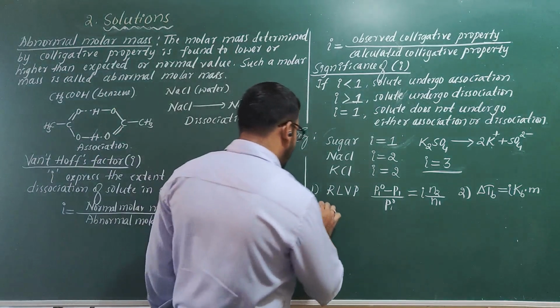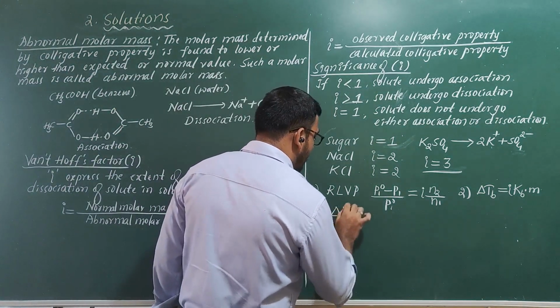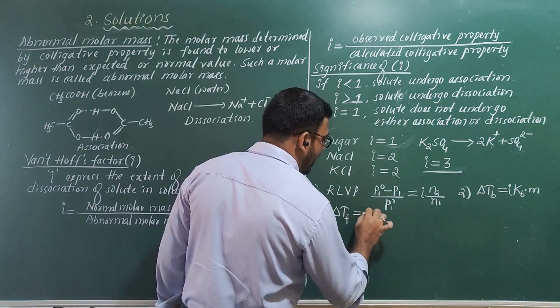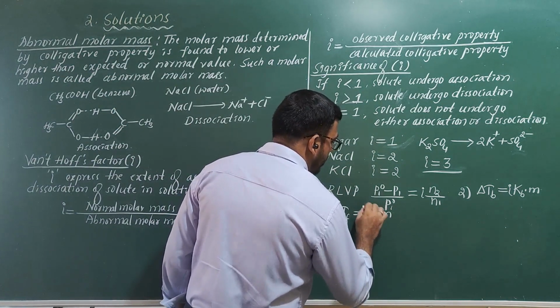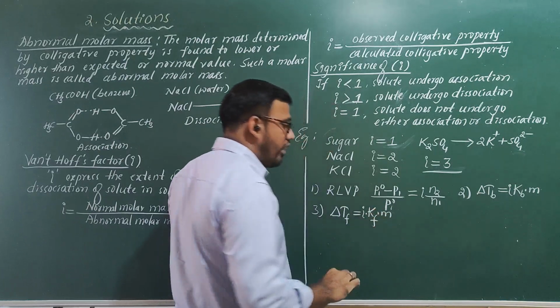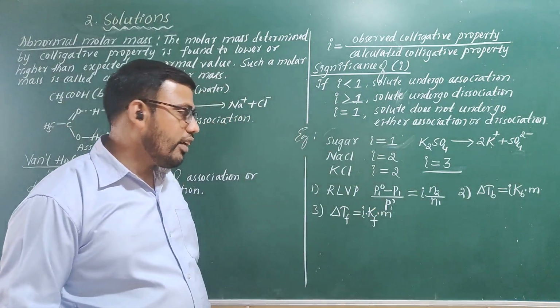Similarly, for depression in freezing point, delta Tf is equal to Kf into molality, so we multiply by the i value: i into Kf into m.